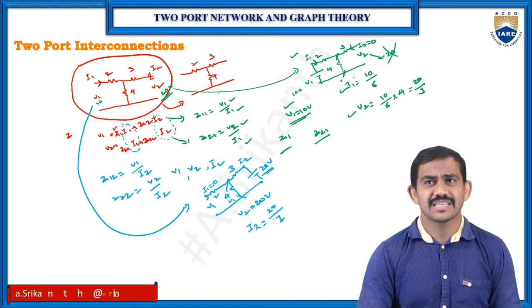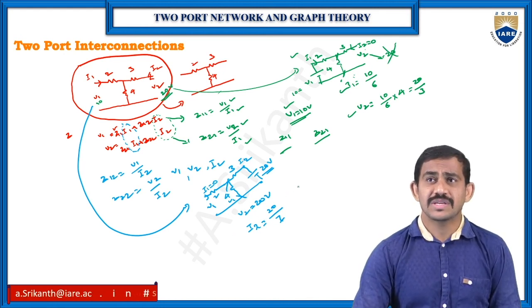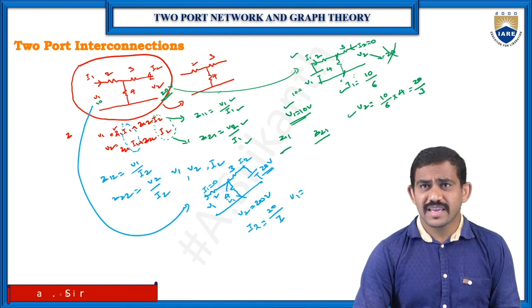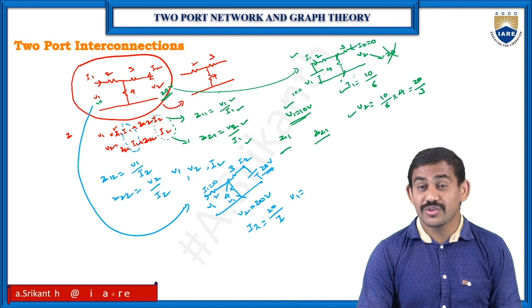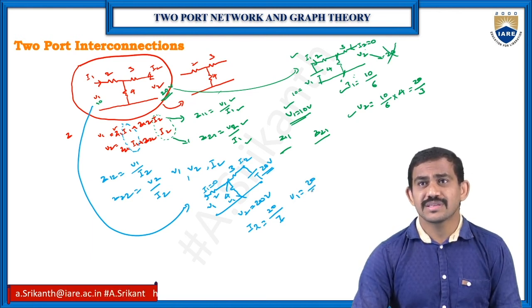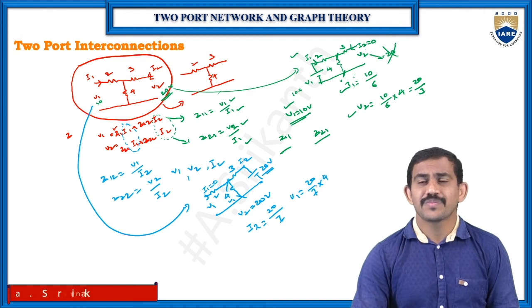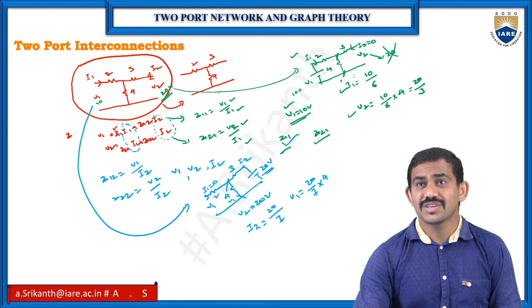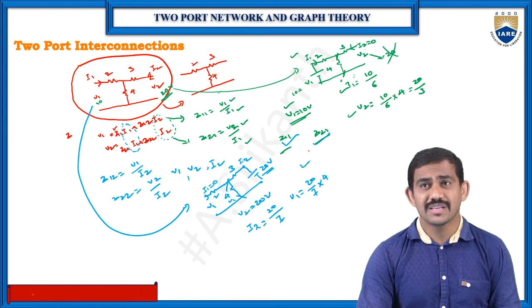So 20 by 7 is your I2 value. Now coming to the V1 value: again across the 4 ohms, but V2 is acting. So your V1 value is 20 by 7 into 4. Like this, we need to find the Z11, Z21, Z22 and Z12 values.